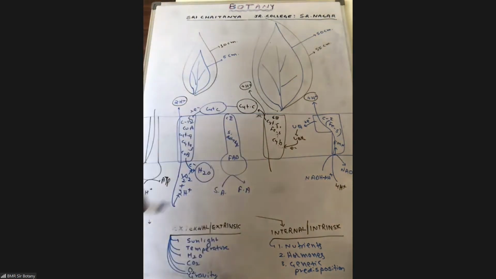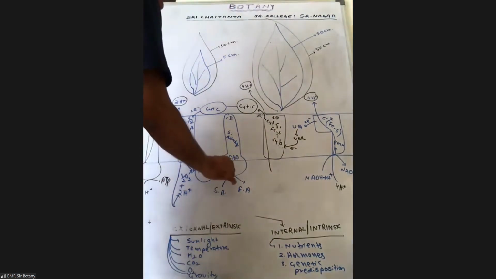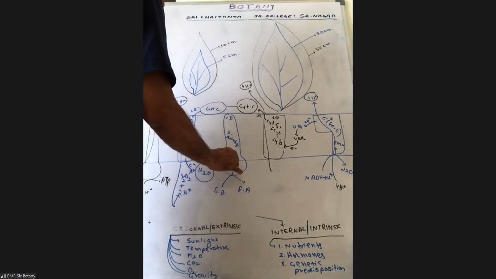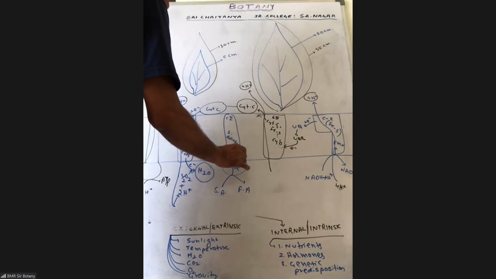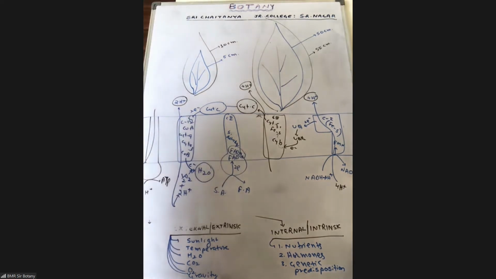It is there in the inner membrane. So while oxidizing succinic acid into fumaric acid, the 2 electrons are added to FAD, so it becomes FADH2. So literally, FADH2, which we call a coenzyme, is part of complex 2.